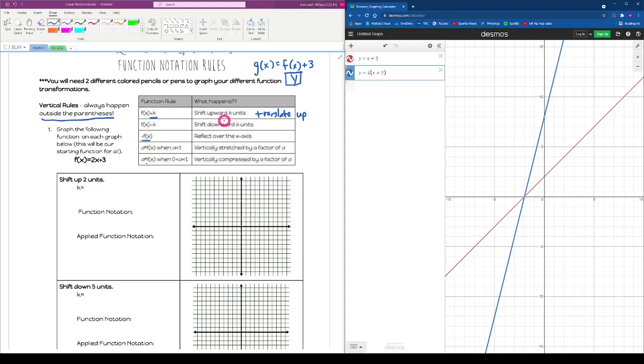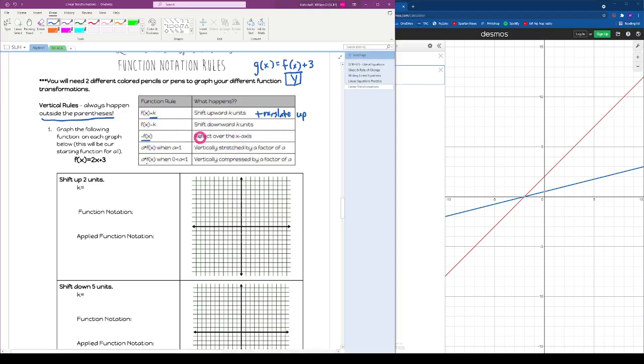If it's a smaller number than 1, so say it was 1 over 4, then we are compressing it down. So this is our, and remember reflect is our keyword here, and then vertical stretch and vertical compress. These are vertical changes because, again, we're talking about the y values here. We're transforming our original y values into new y values.